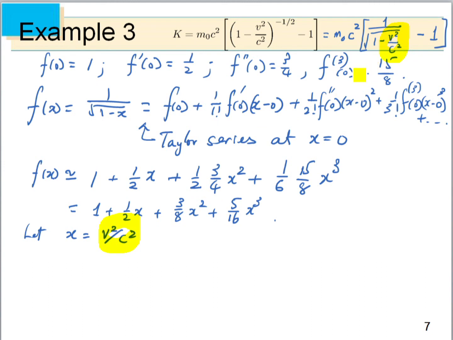v 平方 over c 平方代入，right? Since we considered v to be much smaller than c, so this is our x which is going to be very small.